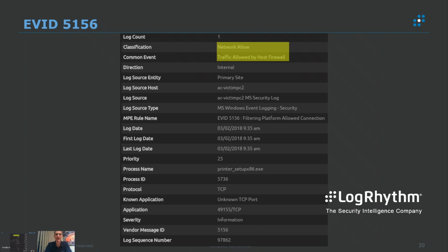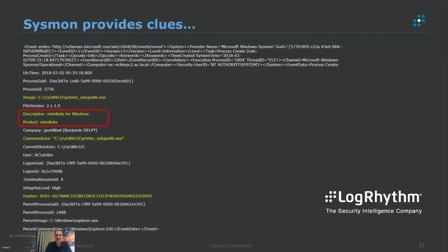We do classification out of the box, simple things that people take for granted, but just being able to quickly drill into this data. This is just a regular event ID for Filtering Platform allowed connection. We see our process name with a process ID, and again correlating with our Sysmon logs.